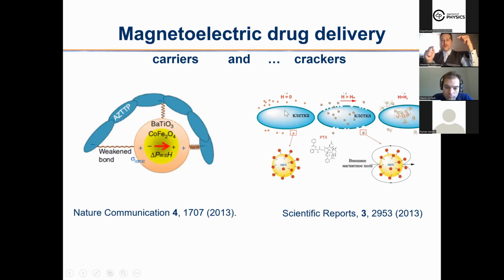You can fracture the cell membrane with an electric field, just like a breakdown in dielectrics.